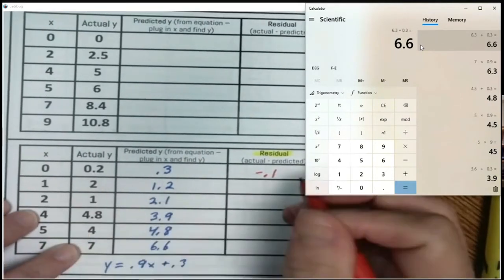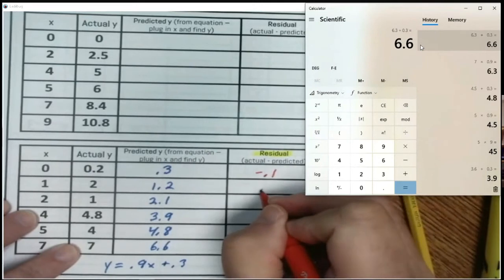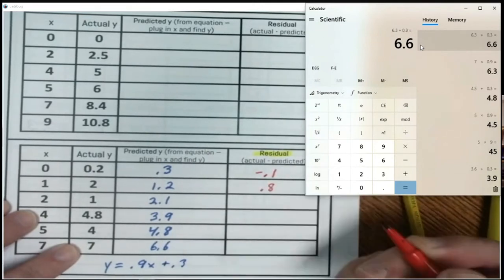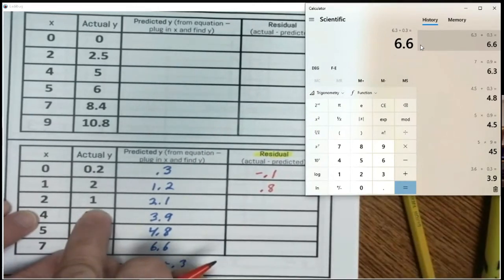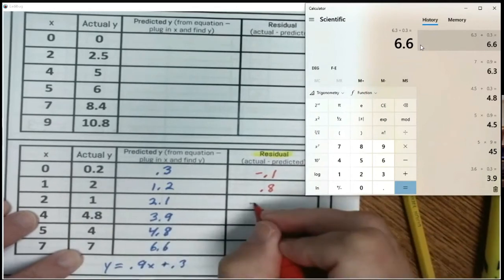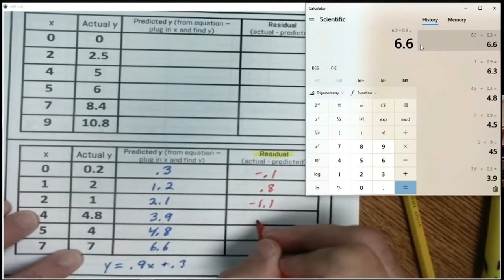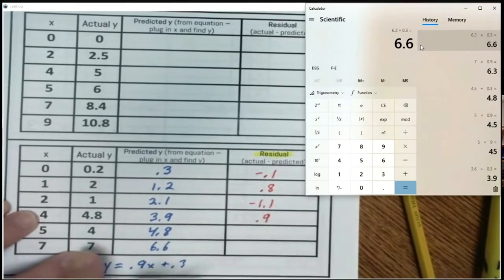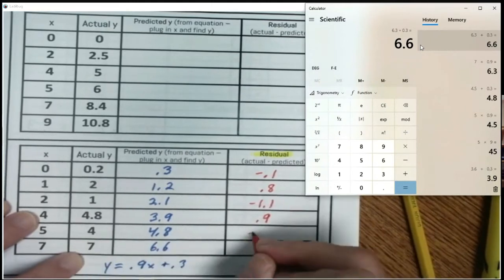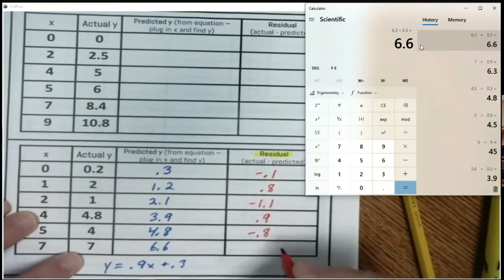2 minus 1.2 is 0.8. 1 minus 2.1, we got a negative residual there, negative 1.1. 4.8 minus 3.9, 0.9. 4 minus 4.8, negative 0.8. 7 minus 6.6 is 0.4.